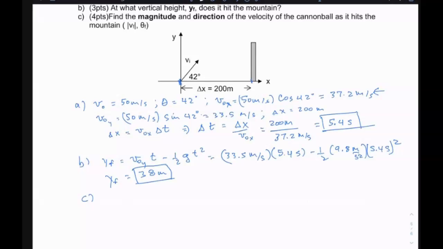So the y component of V final is the initial y component of velocity plus acceleration times the time, which is minus gt.